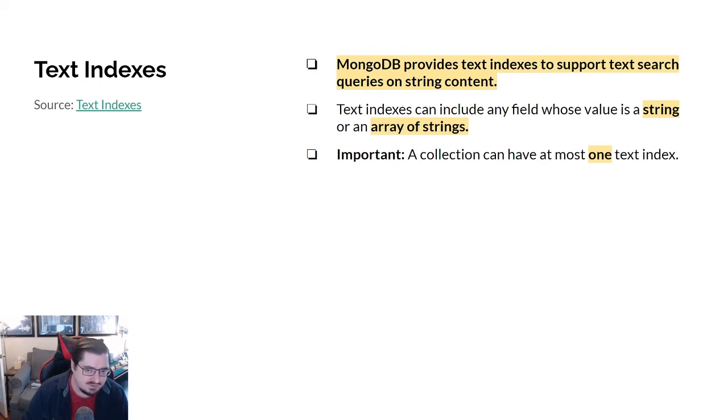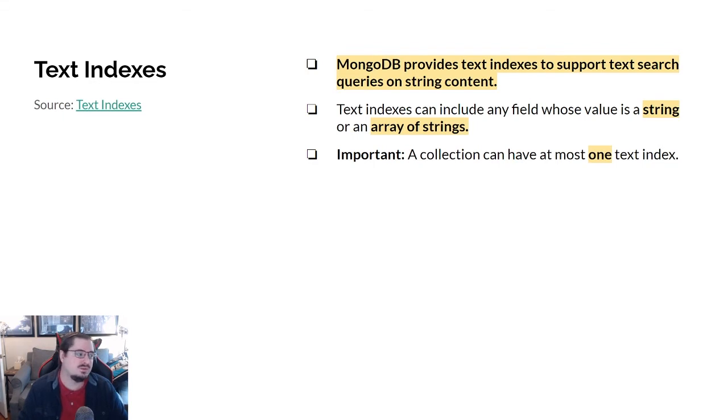It's only strings, only text. Text indexes can include any field whose value is either a string or an array of strings. So I can index the description, or I can index the tags because it's an array of strings.